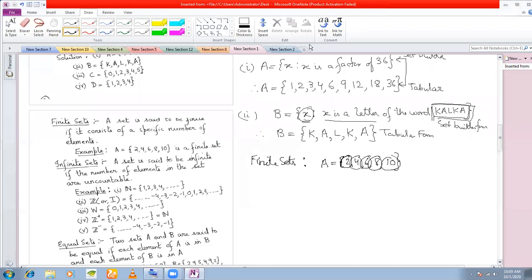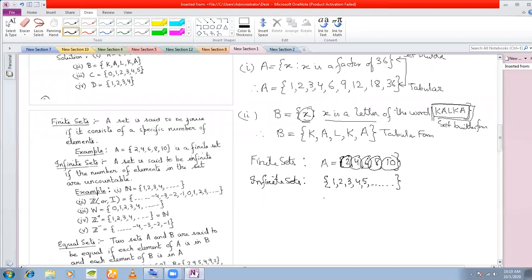On the other hand, what do you mean by an infinite set? When you cannot count the number of elements. For example, let us say we have this set, the set of natural numbers. Can you count the number of elements in this set?